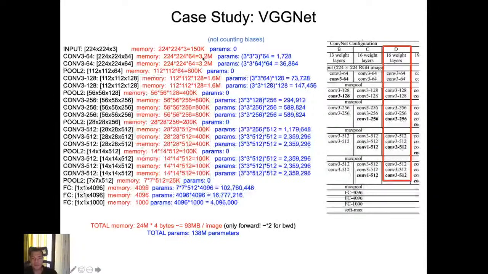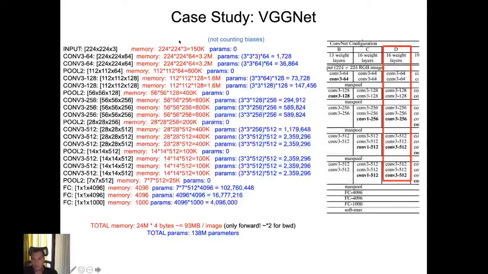Okay, so the total memory here is 3.2 million components. Actually, the total memory is 24 million times 4 bytes for floating point numbers, which is about 100 megabytes.